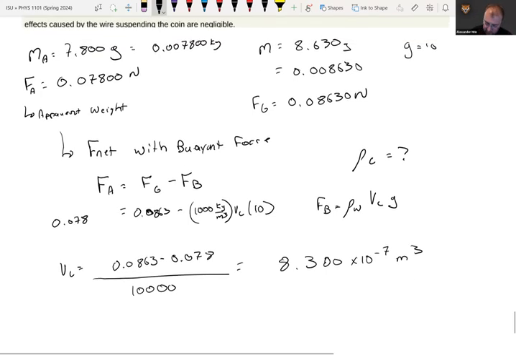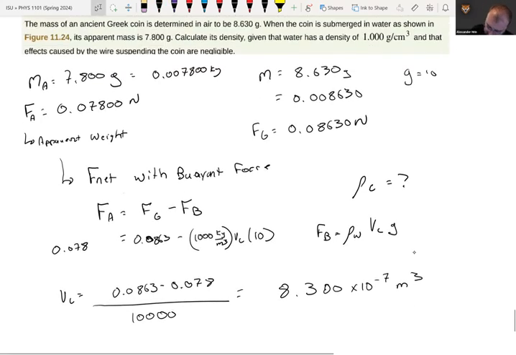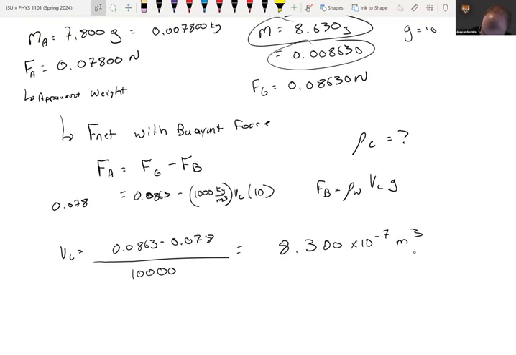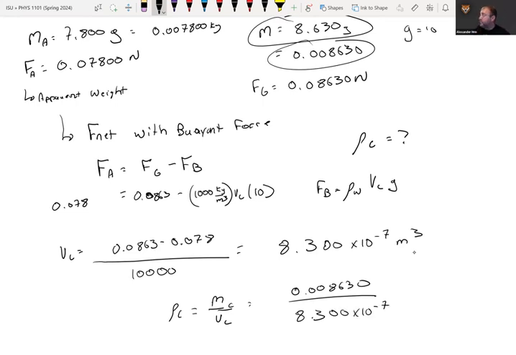Okay, so we will then take the mass of the coin, which we had from up here. Mass of the coin was this right here. So the density of the coin is going to be equal to the mass of the coin divided by the volume of the coin. So that means it would be 0.0863 divided by 8.300 times 10 to the negative 7th.